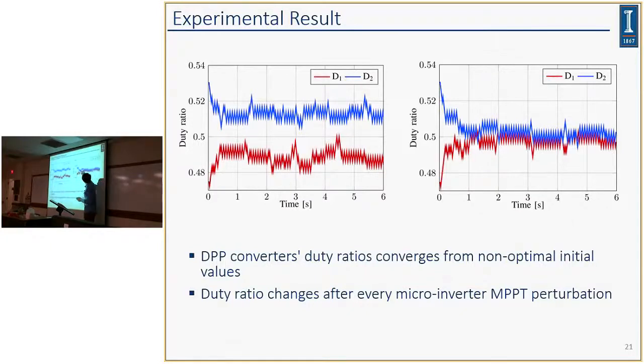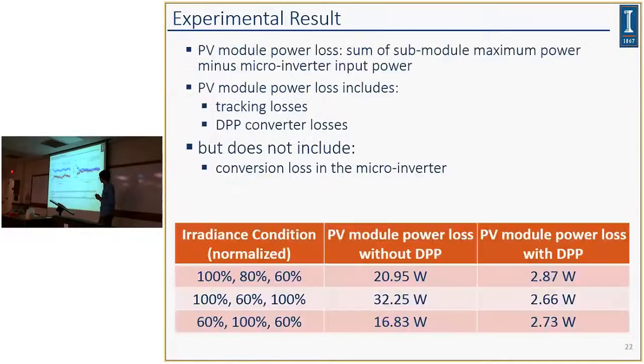So approximately every 1 second, you can see a change in the operating point of the DPP converter. The operation of these two control loops aligns well with each other. I do want to mention that the update of the microinverter is actually faster than 1 second in practice, and we are slowing it down just for data acquisition purposes.